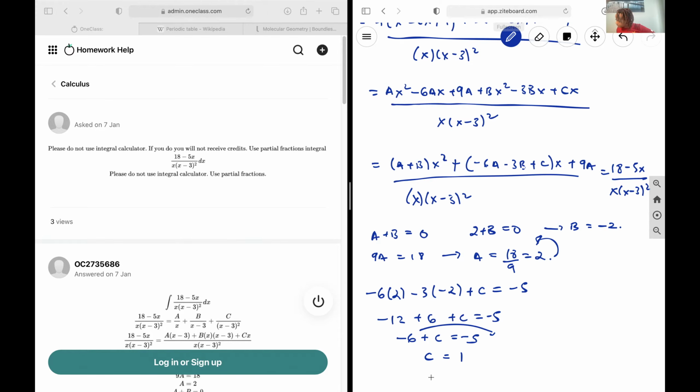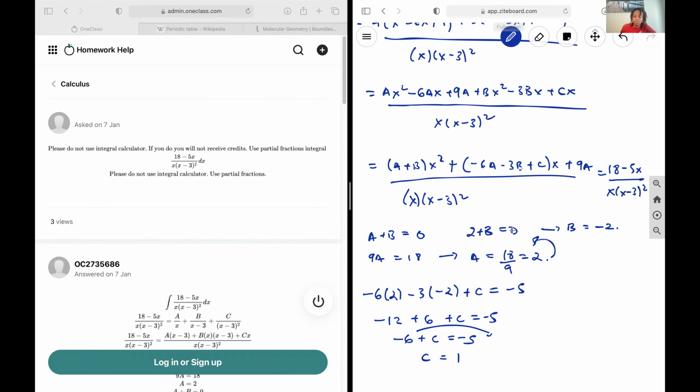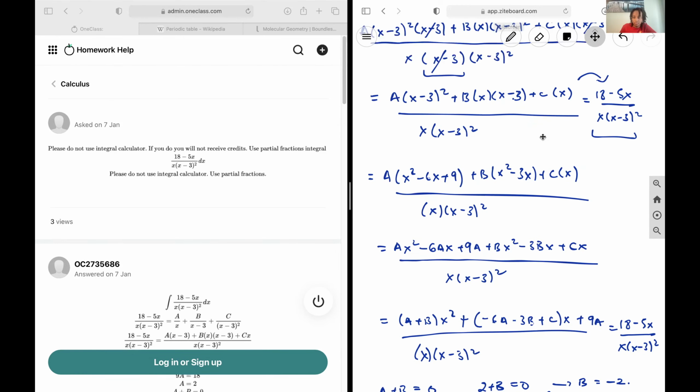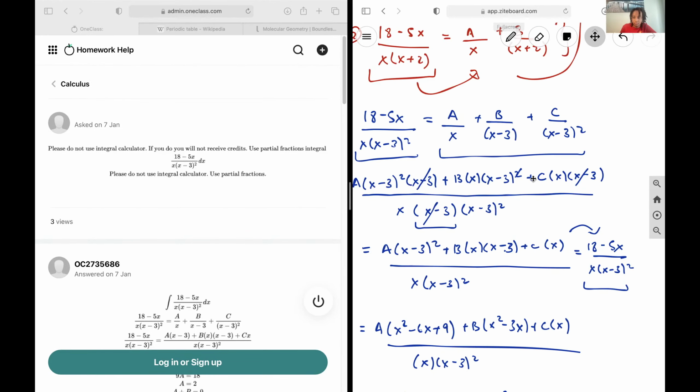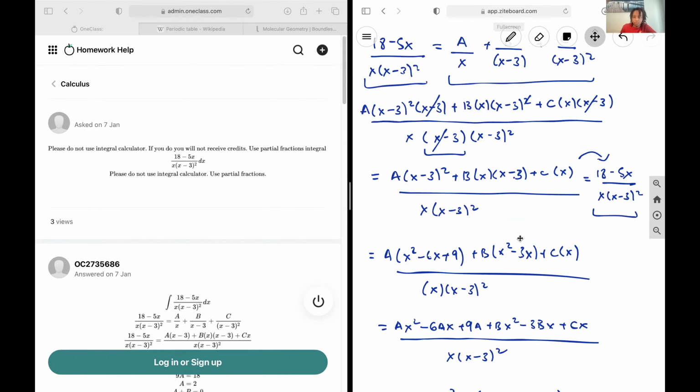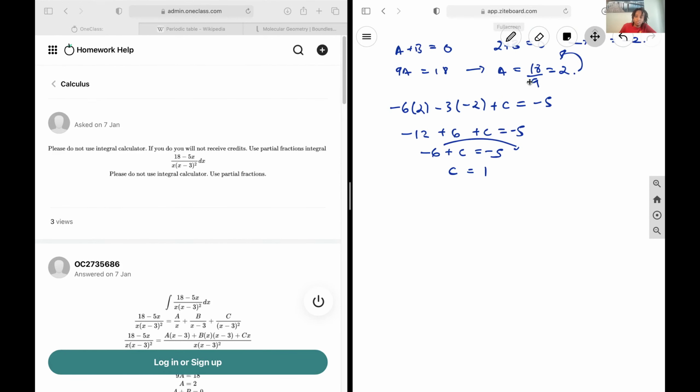Let me just ensure all of those are correct. Yep. And so what all of this means is we're going to put in our a, b, c back into what we have here, since we found a, b, and c.